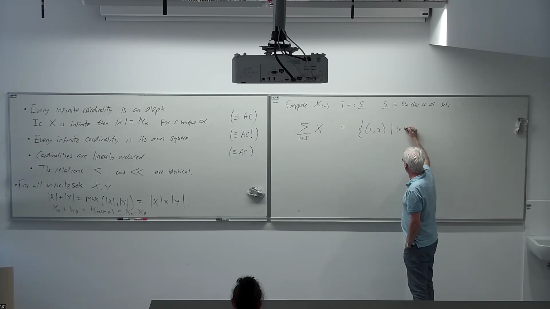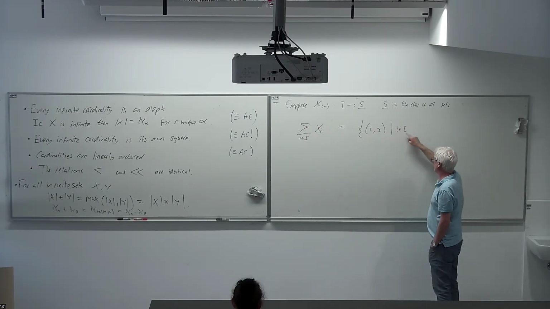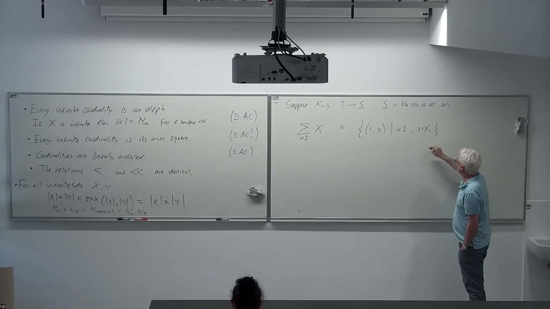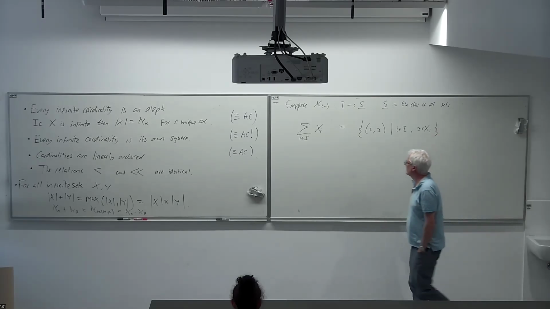So here we require I, the index, little i belongs to the index set, and x belongs to the X set at that index, the appropriate set from the family at that index.